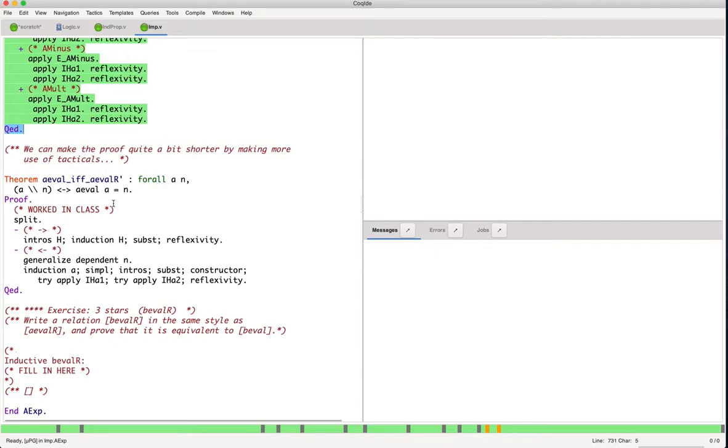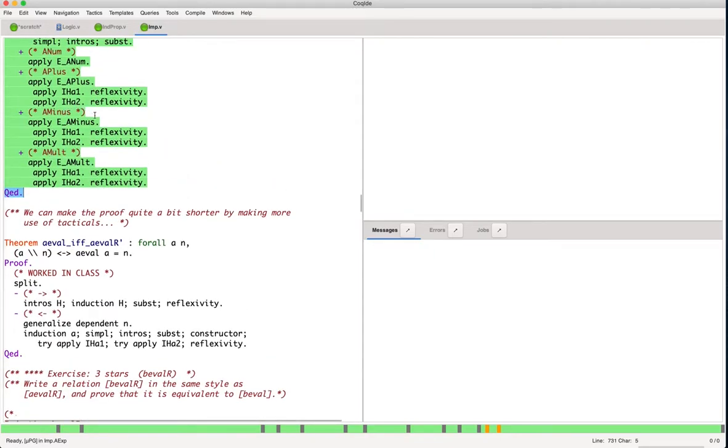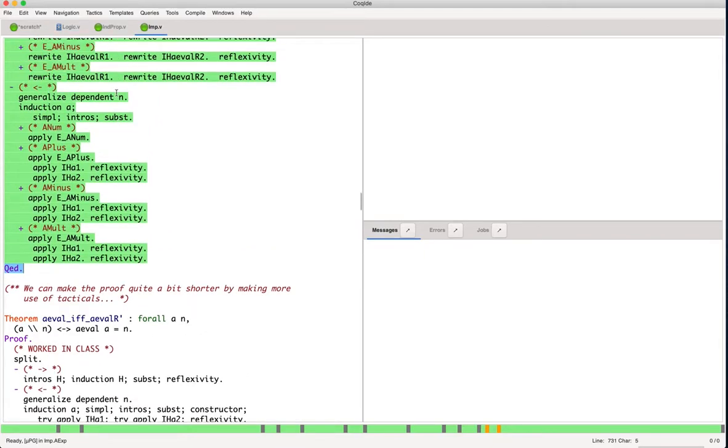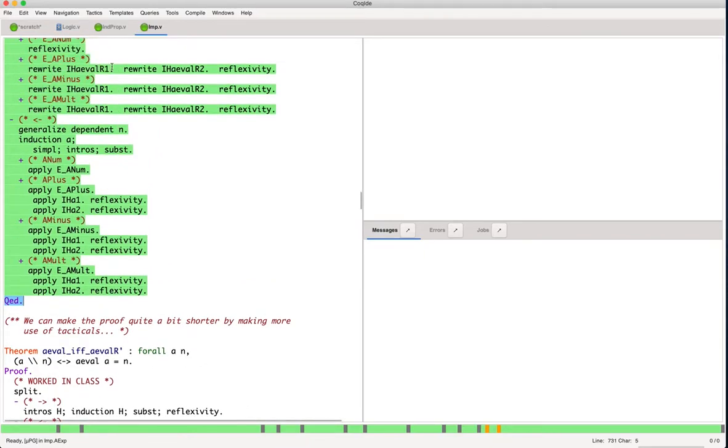And then they say, well, we can remove a lot of the repetition here. There are a few cases here that look very similar. These 3 cases up here are basically the same. These cases down here are not exactly the same, but they have the same structure.